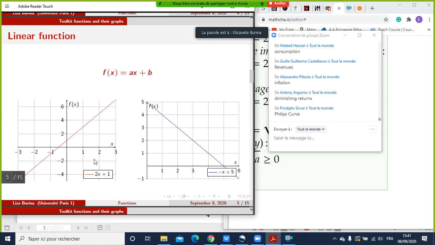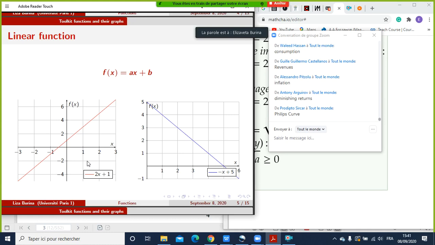of our graph. This upper right part is usually called the first quadrant, this is the second quadrant, this is the third quadrant, and this is the fourth quadrant. It is just to place yourself inside the graph, and it's not very crucial for you to know all the vocabulary about that.